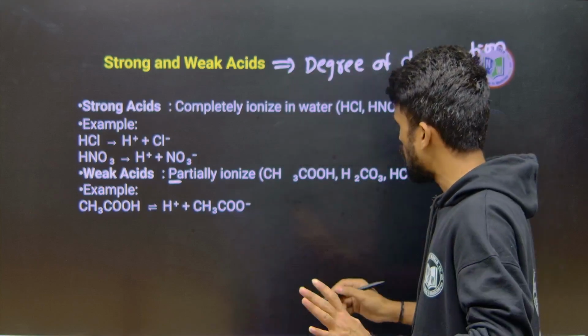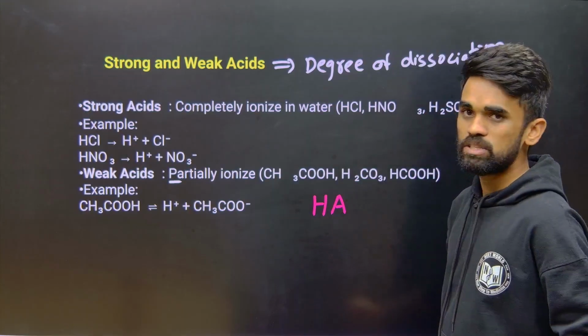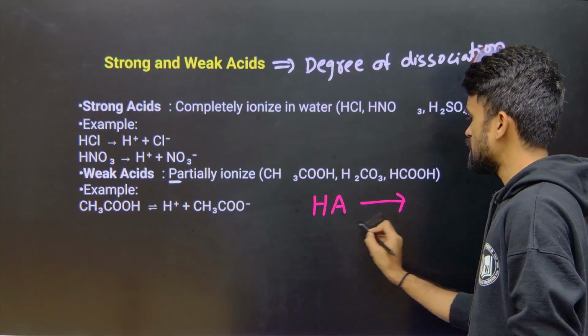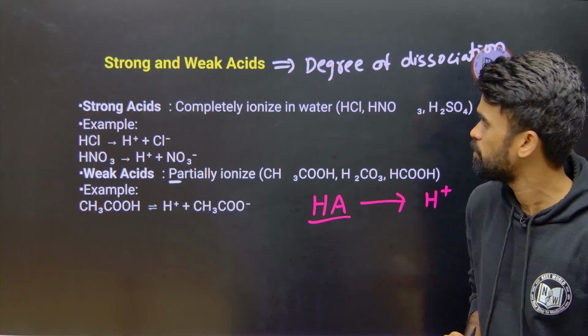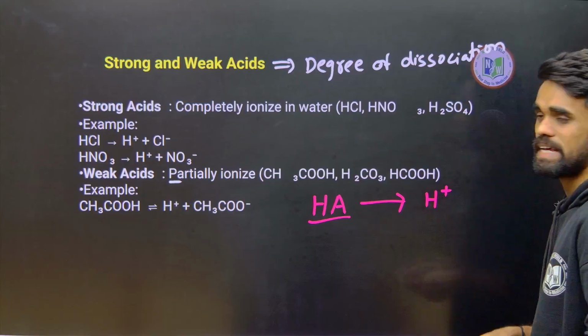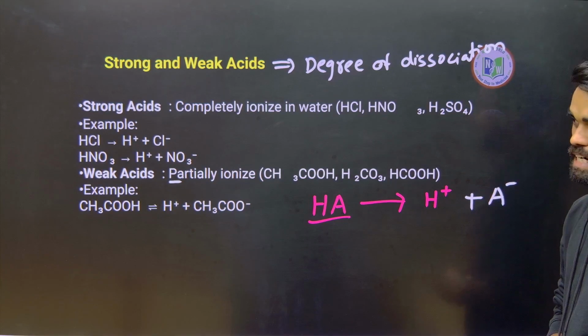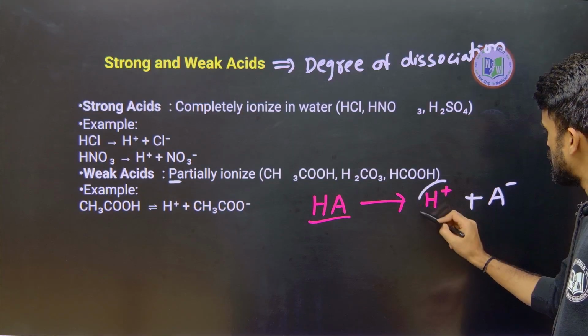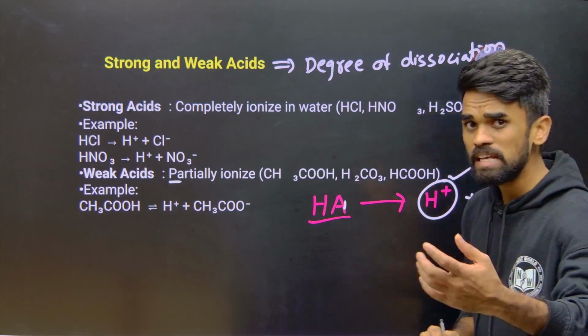For example, let us say HA is an acid. It will dissociate like this, since an acid has to release H plus ions in the aqueous medium. Whenever we place this acid in the aqueous medium, it releases H plus ion and forms an anionic part, A minus. Since it is releasing H plus ions, we can call this an acidic species.